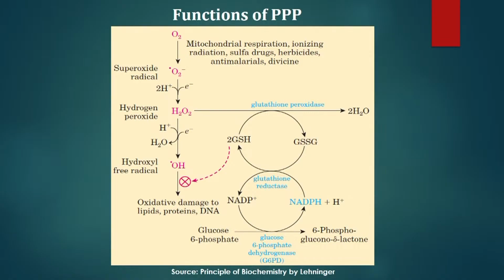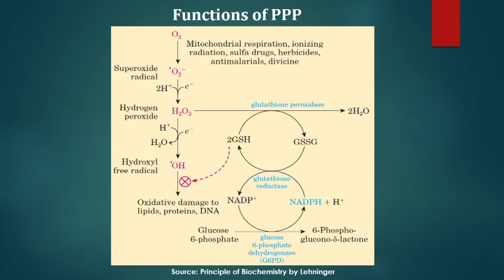Now let us see, learners, how this NADPH molecule which is produced basically fights oxidative stress. That is important. Now in this figure, I would like to tell you first of all how free radicals are produced, right?